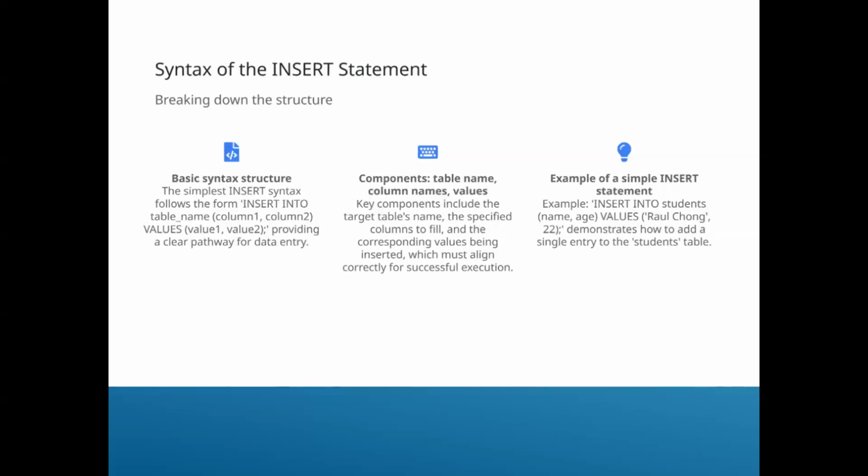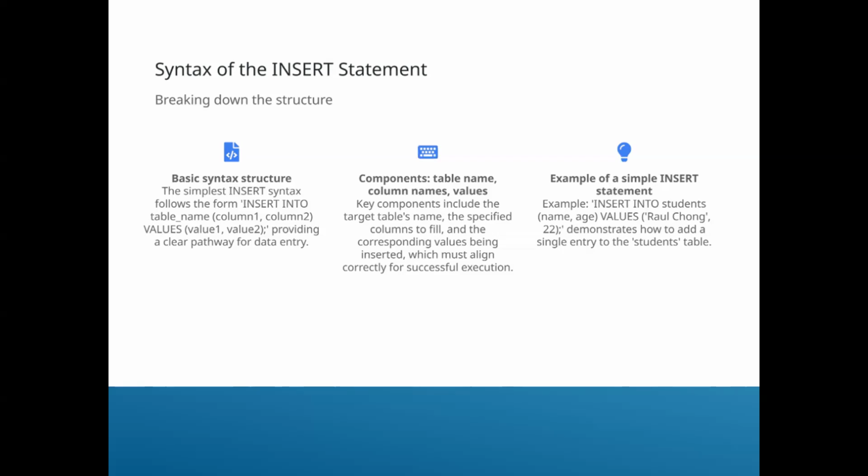So the basic syntax of the insert statement: the simplest insert syntax follows the form INSERT INTO table_name (column1, column2) VALUES (value1, value2). This is the basic syntax that you can use. Okay, there might be complex syntax also, like if you have so many columns, then there would be another way to insert it. Sometimes, let's say you have a date value, then you are going to use some date function to insert the values.